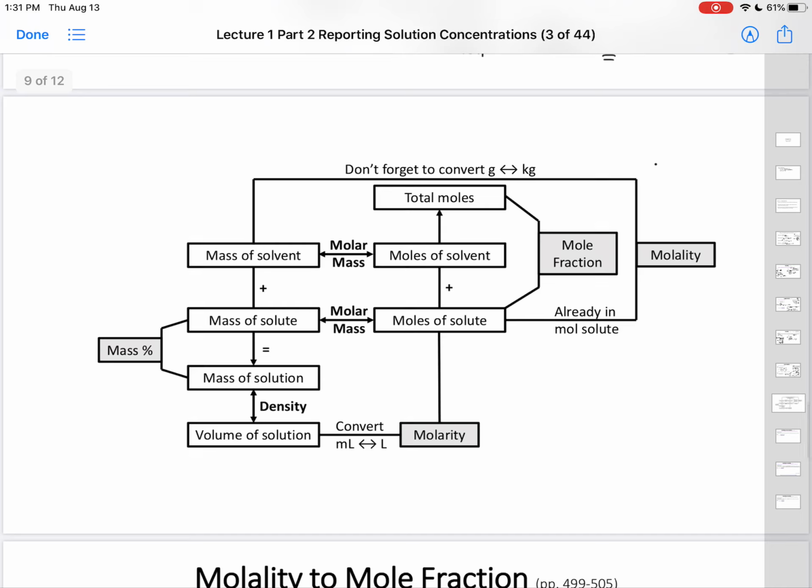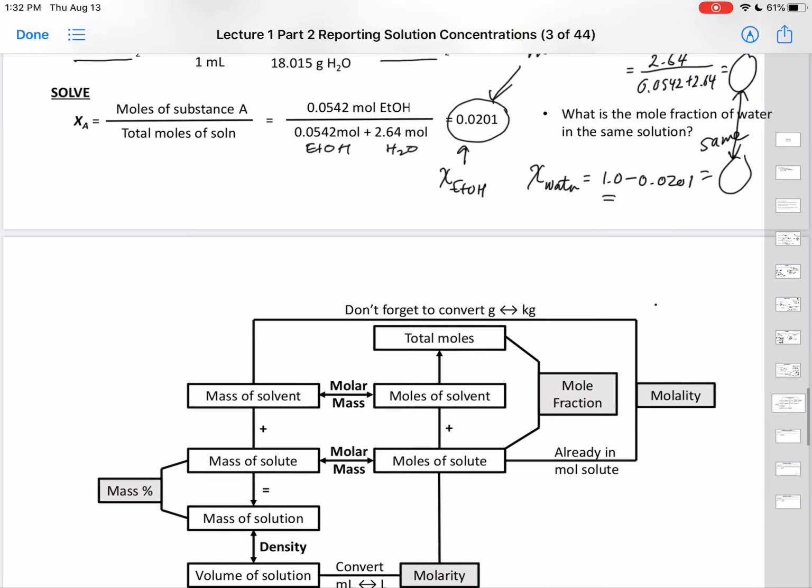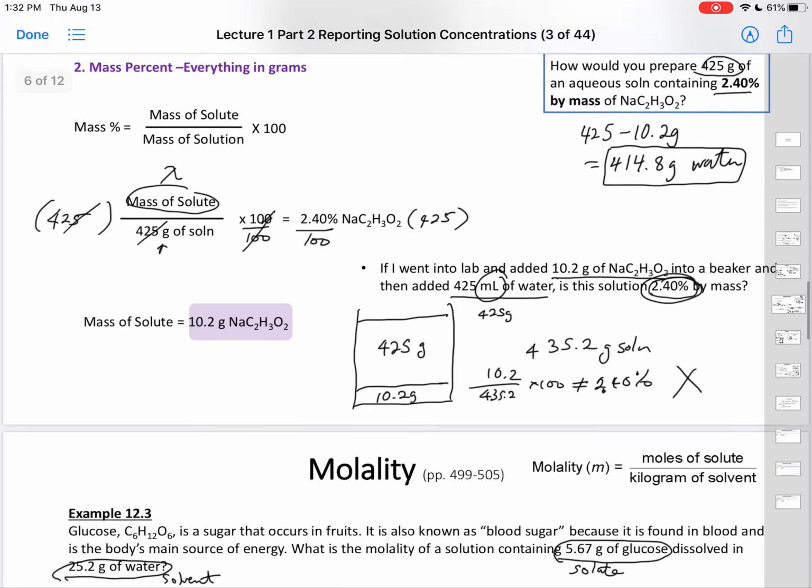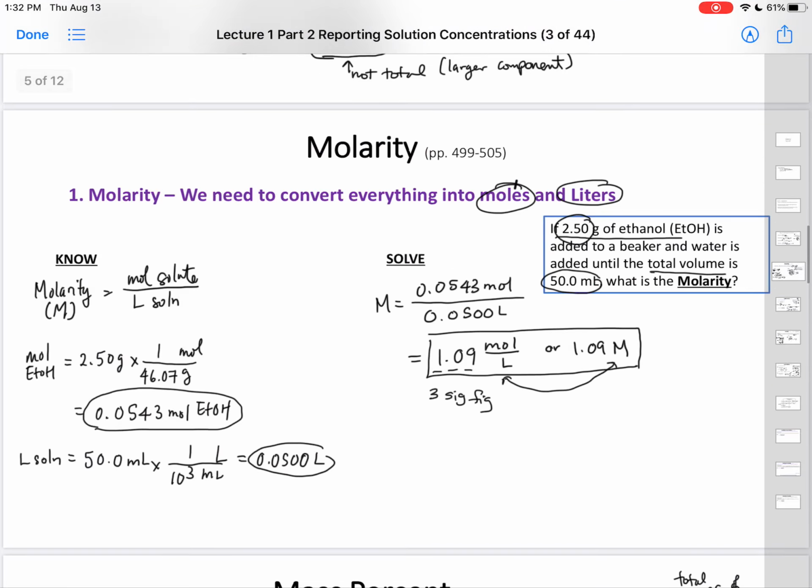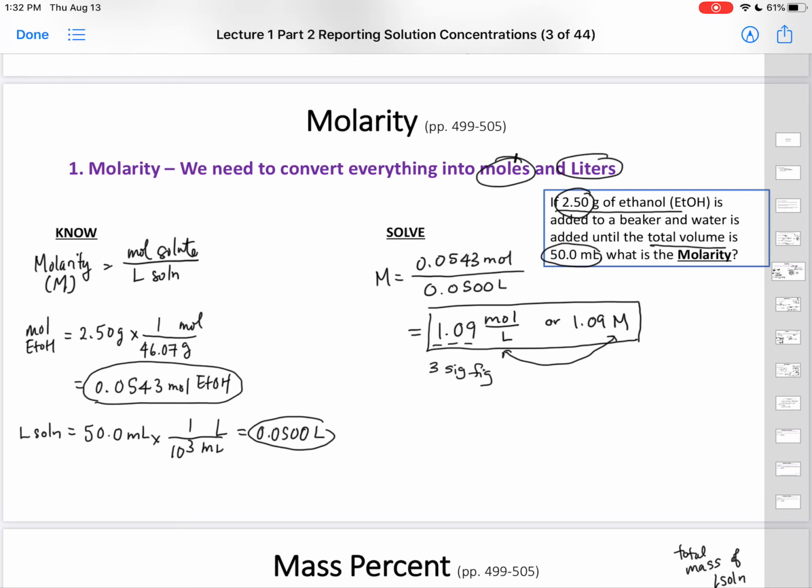Last but not least, a lot of times we would like to express the concentration in a different way than what is given. Let me just backtrack a little bit here. Let's say that I express something in terms of molarity. If I took 2.50 grams of ethanol and 50 mils of water, and I got this as the molarity, can I take this same solution and express its concentration in molality?